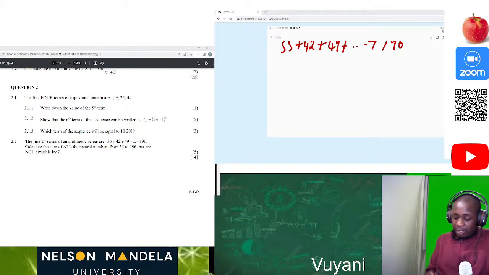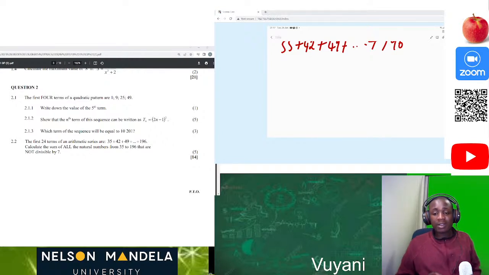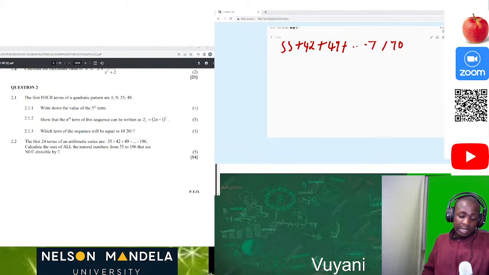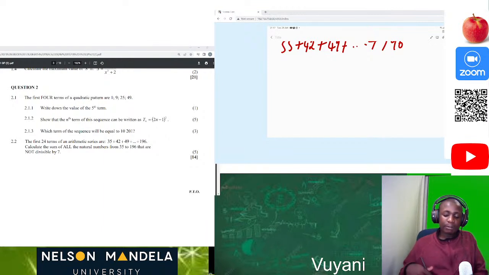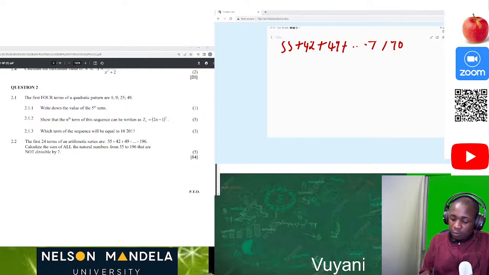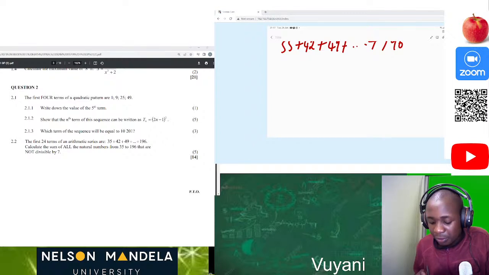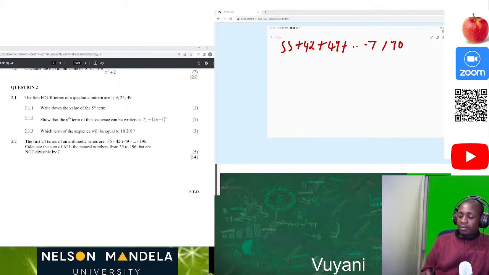Then we can use our calculator. 24 divided by 2, sorry, it's not 48, it's 12. So 12 times (35 plus 196) will be 2772. This is the sum of all the numbers which are divisible by 7.